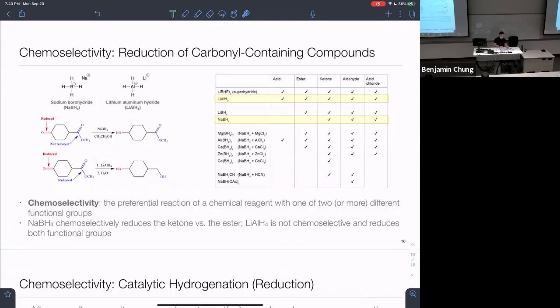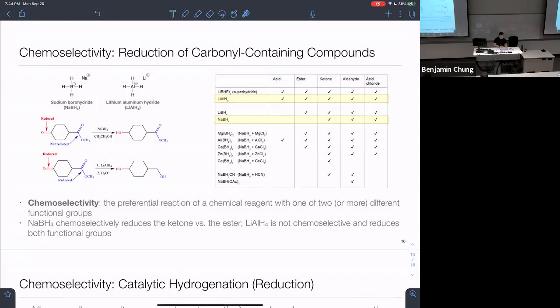In other reactions that you'll learn throughout the course, there will be some chemoselective aspects to it. So make sure you always keep an open mind and remember, is this reaction selective for just one functional group, or does it affect multiple different functional groups as well?